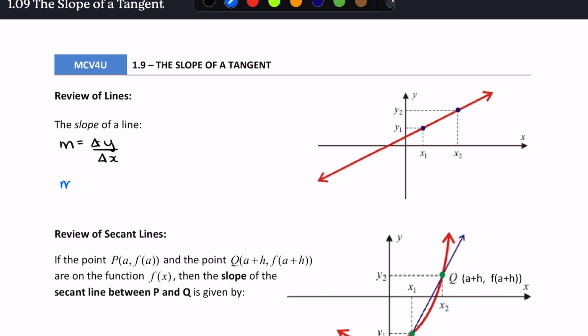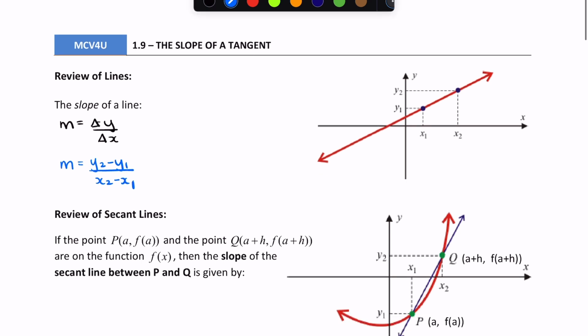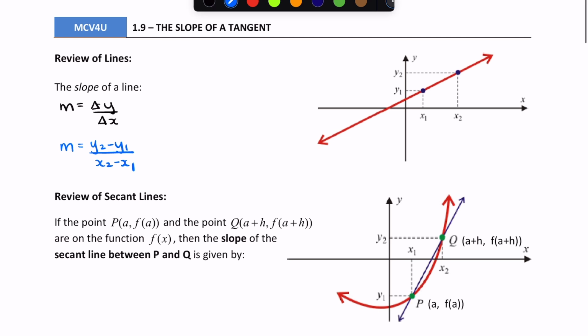And so we can write that as y2 minus y1 over x2 minus x1. So if we look here, we see again that we take the point indicating x and y, and we take our second point of x and y, and then we can find our slope of the line.